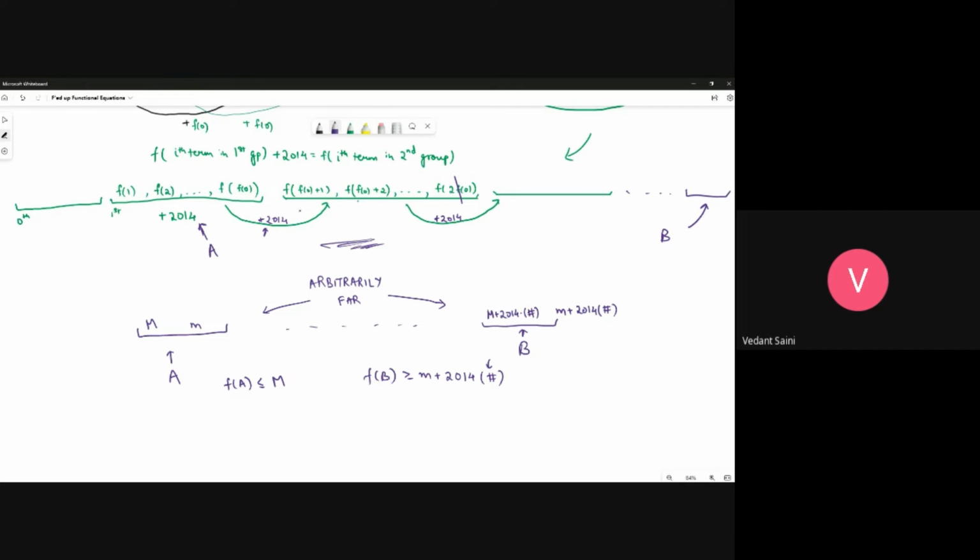So what this gives, and these two are equal, is m plus 2014 times this hashtag less than or equal to f of b equals f of a, less than or equal to capital M.